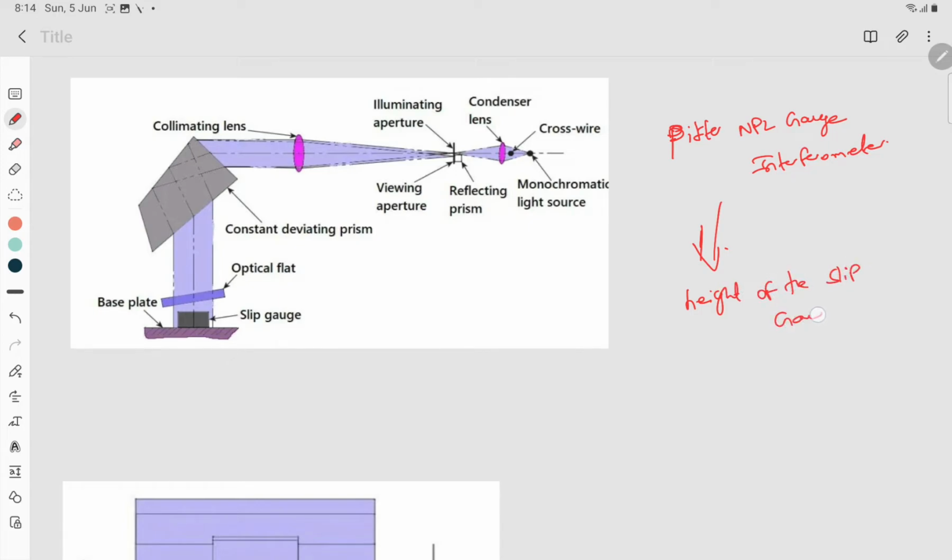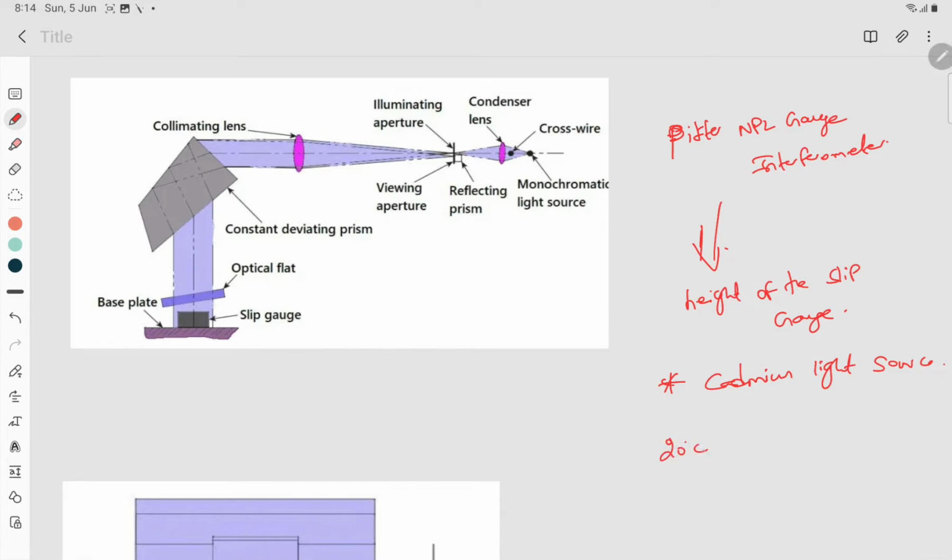That is the purpose. Another important thing you should know is that here we'll be using a cadmium light source, whereas in the NPL interferometer we have used a mercury vapor lamp. We have to make sure that highly controlled physical conditions are maintained for the proper functioning of this Pitter NPL interferometer.